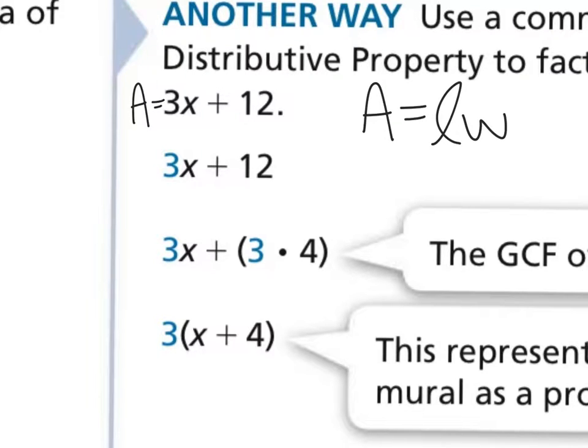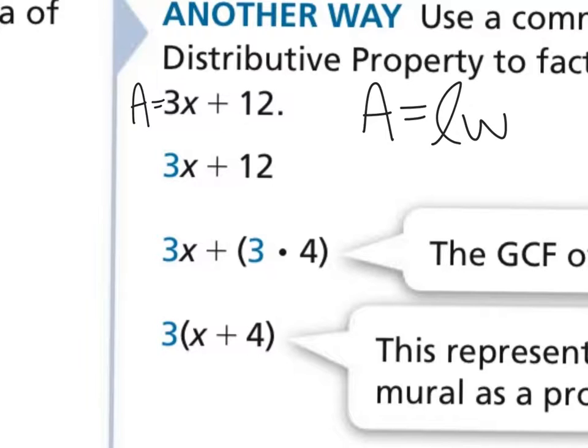So 3X plus 12, area is length times width. So I'm thinking about something times something that gives me 3X plus 12. Well, it's not quite the same as me saying my area is 16, what times what equals 16, right? A little bit different because we have a variable here. And the 3X and 12 we can't combine because they're not like terms.